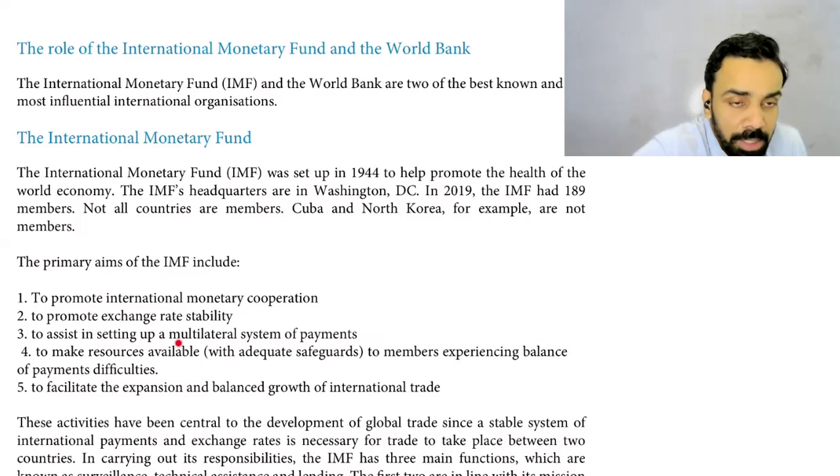Like for example when Russia attacked Ukraine and the whole world is so dependent on the SWIFT system, then that gave the power to the IMF and the US to basically hold Russia accountable for it in financial terms.